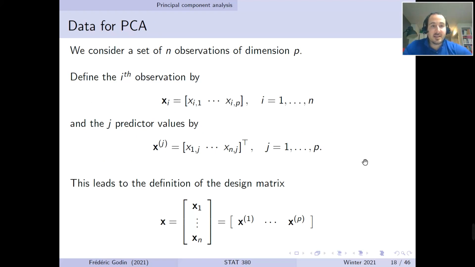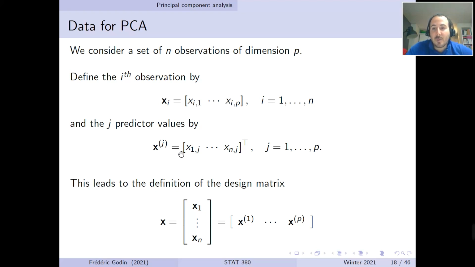So the data set we consider is the following. It's analogous to what we had in previous chapters, except because we're considering unsupervised learning, there's no response. So here the ith observation in our data set is a row vector containing x_i1 until x_ip, so the p predictors for the ith observation.